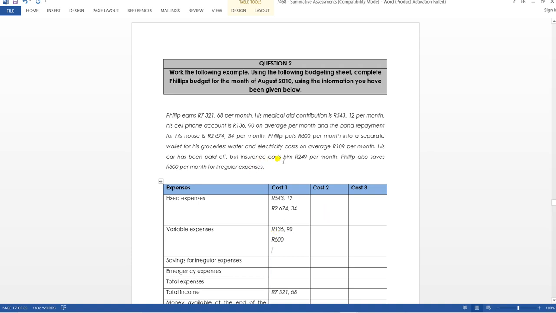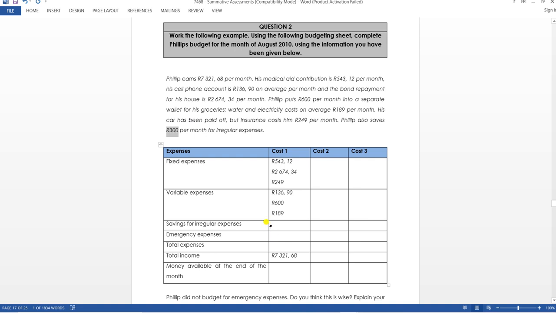And water and electricity cost, on average 189. So these are your averages. And his car has been paid off. Insurance costs about 249 a month. And for irregular expenses, he saves about 300.